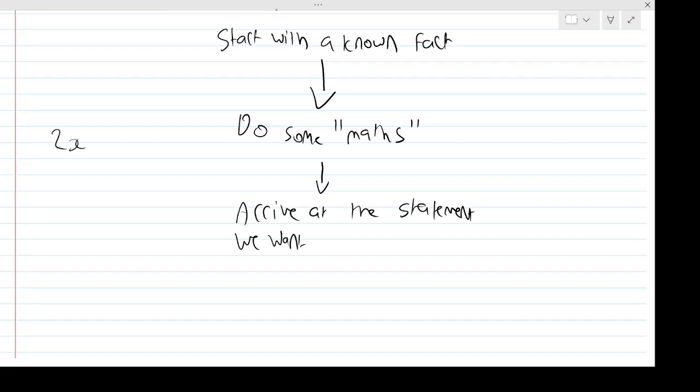For example, 2x is 1, so then you could say 4x is 2. Things we take for granted, right? But that's part of a proof. We do some maths, we might scale or multiply both sides of an equation by a number, but we know that we can do that. That's true.